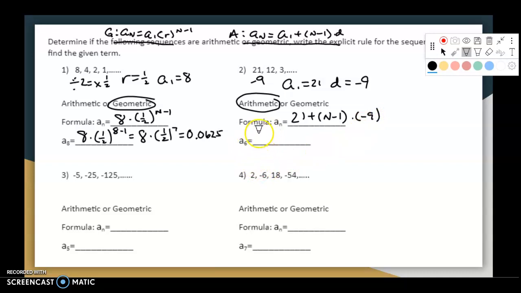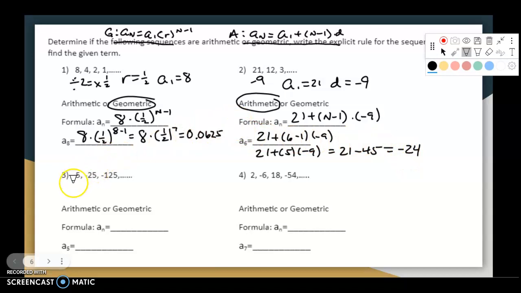And now to find a6, I'm going to put 6 in for n. That's going to be 21 plus 5 times -9. So that's 21 minus 45, which will be -24. Okay, there is a6, -24.